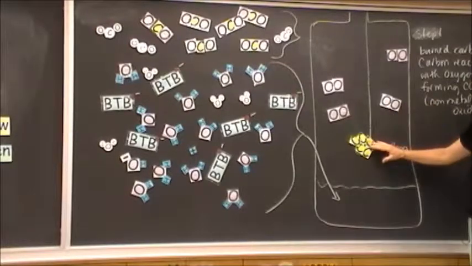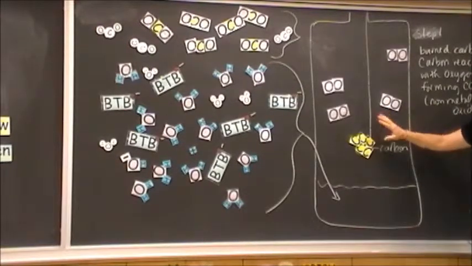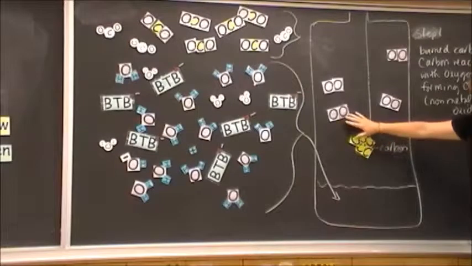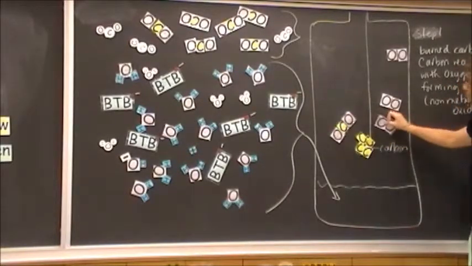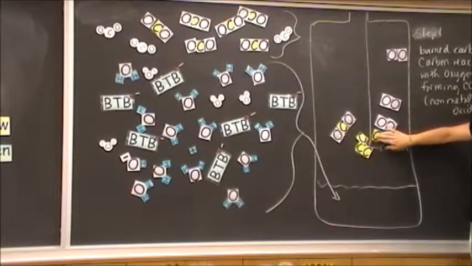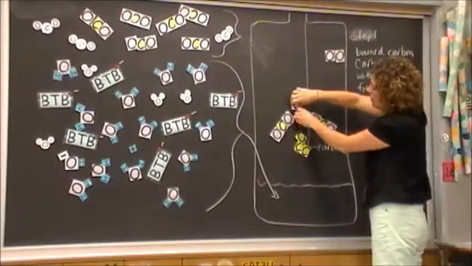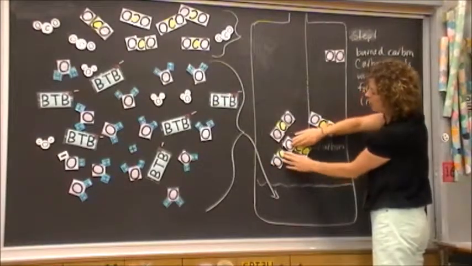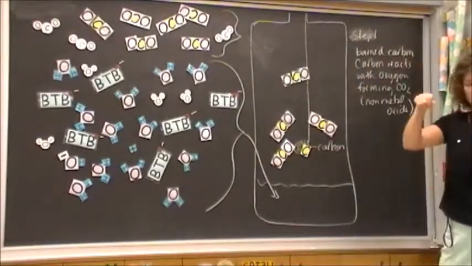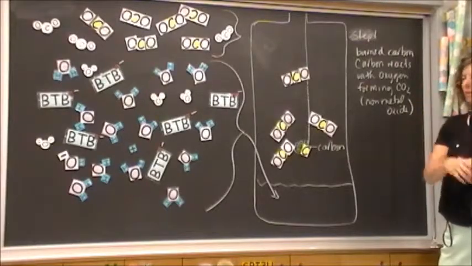And we brought our deflagrating spoon into the bottle. The carbon reacted with the oxygen, and we made our carbon dioxide. Oxygen would be attracting those electrons, and this oxygen will pick up a carbon, and we're forming our carbon dioxide. And that was when you had that light spoon in there.